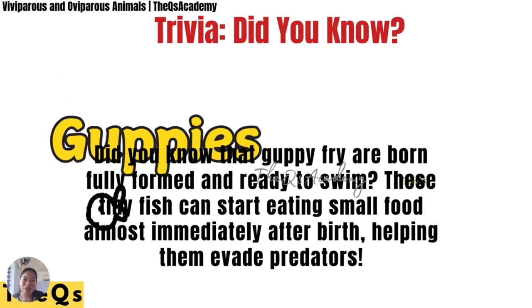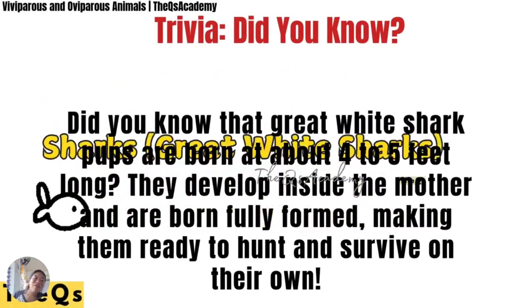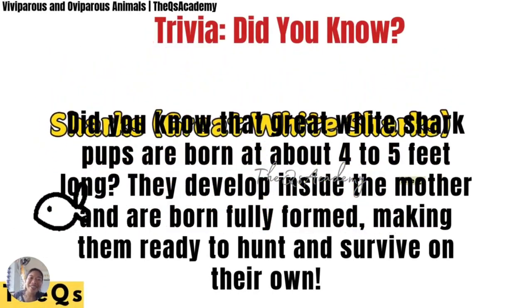So they are oviparous. And did you know that guppies or guppy fry are born fully formed and ready to swim? These tiny fish can start eating small food almost immediately after birth, helping them evade predators. We have also sharks.